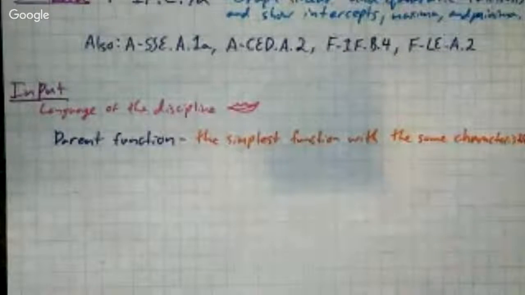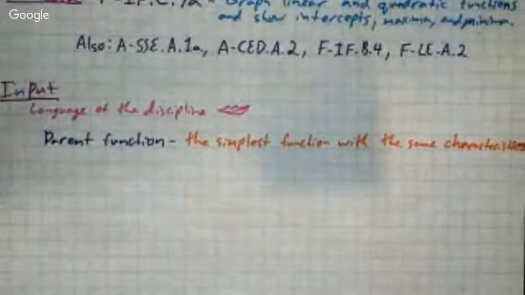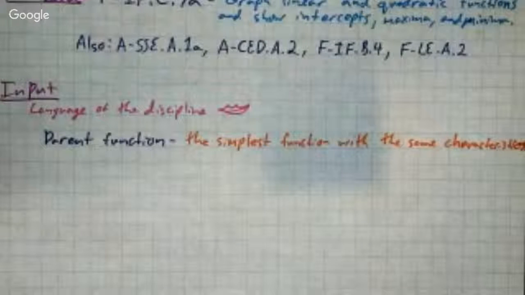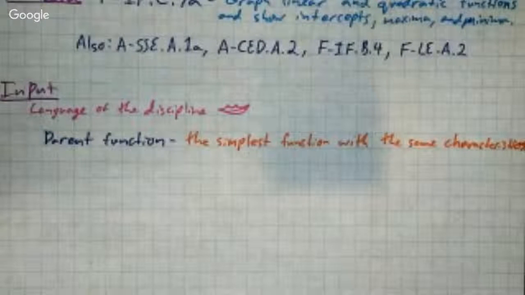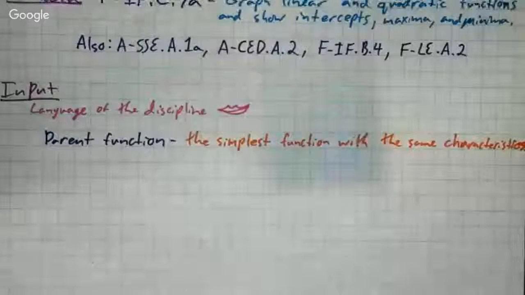So just like when we simplify a fraction, same thing here. A parent function is when you can get the simplest form of whatever function you're looking at.